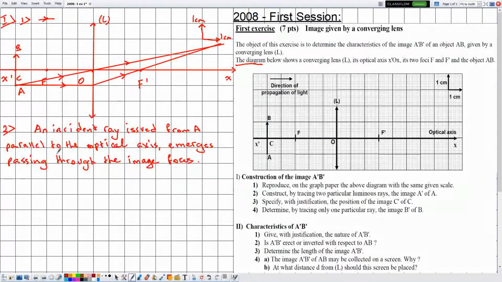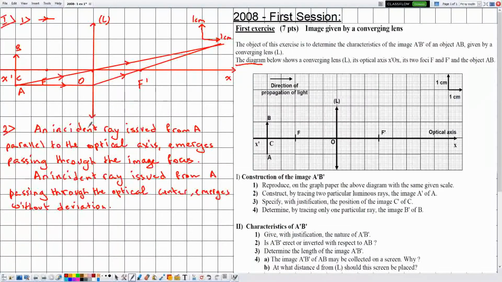Now the justification of the second ray passing through the optical center: an incident ray issued from A passing through the optical center emerges without deviation.